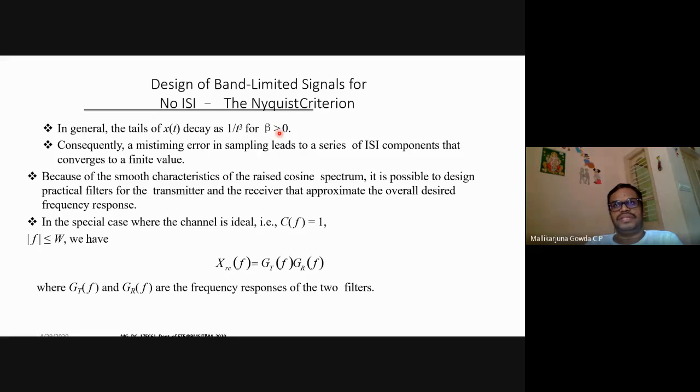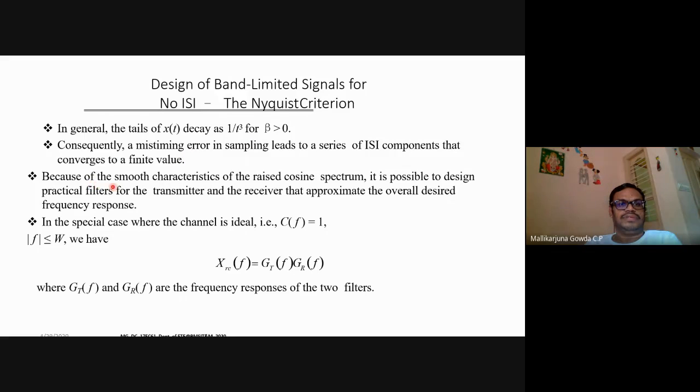I have shown three values: 0, 0.5, and 1. So a mistiming error in sampling leads to a series of ISI components that converges to a finite value here. In the previous case, it did not converge.